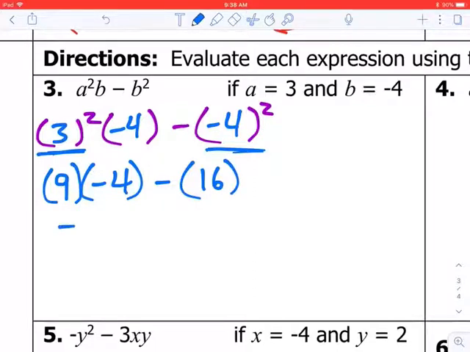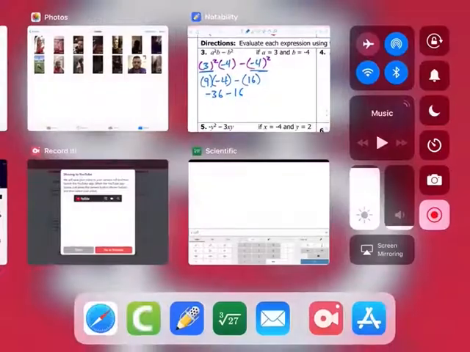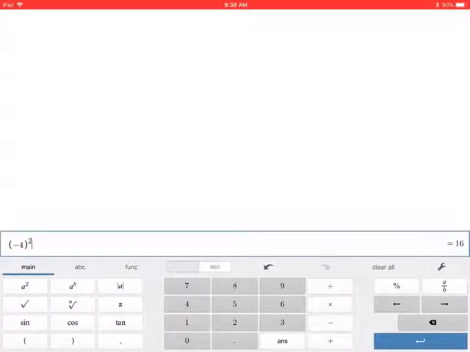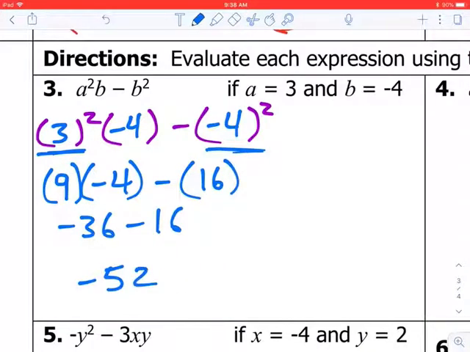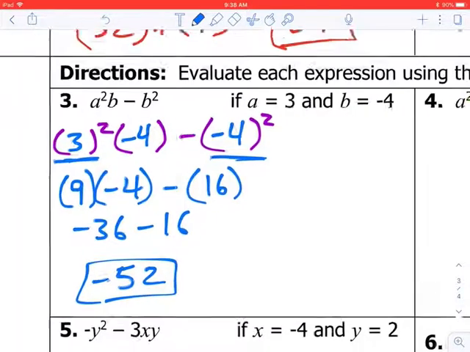And so we've got negative 36 minus 16. And this is where, again, the calculator is going to help you. Just make sure we're getting all the signs straight. So negative 36 minus 16, and we get negative 52. Since it's a negative minus something, they're the same sign, so you add them, okay?